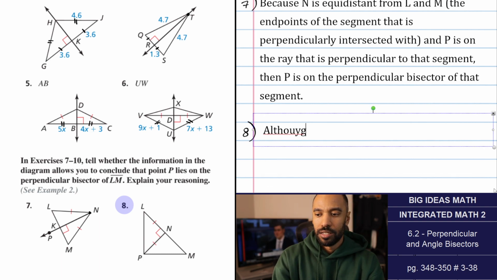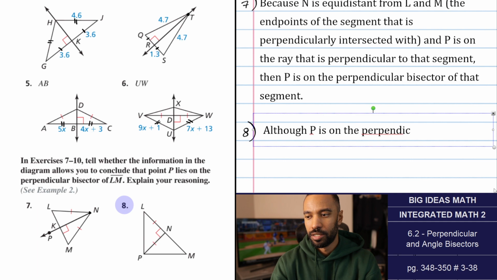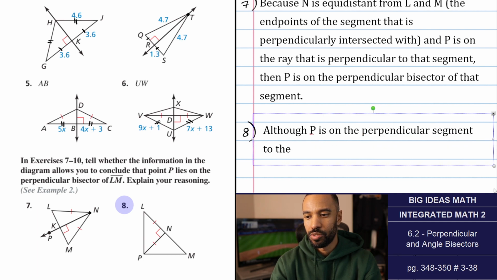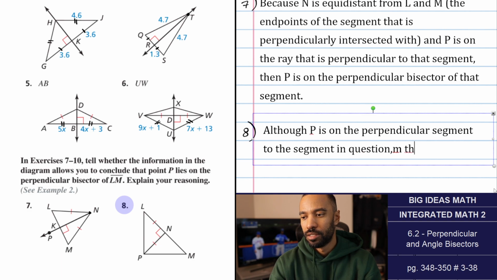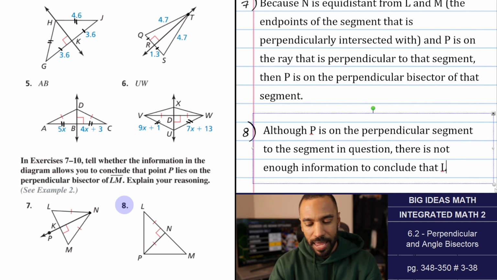Although P is on the perpendicular segment to the segment in question, there is not enough information to conclude that segment LN, or the length of segment LN, is equal to the length of segment MN.